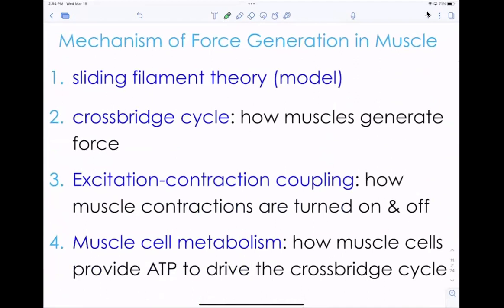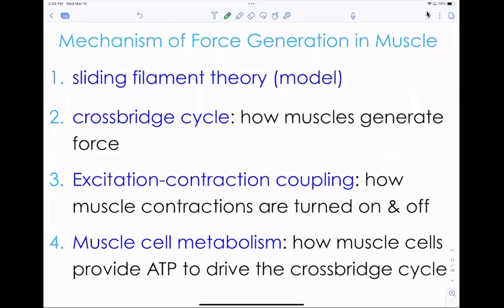So now I'm going to put it all together. We talk about sliding filament theory. Well, I have been talking about it. Myosin heads pull the actin strands and slide them over the myosin strands. So nothing is shortening, but things are sliding over one another. And so the effect is, yes, the sarcomere does get less wide, shorter, should we say, but it's really filaments sliding over one another.